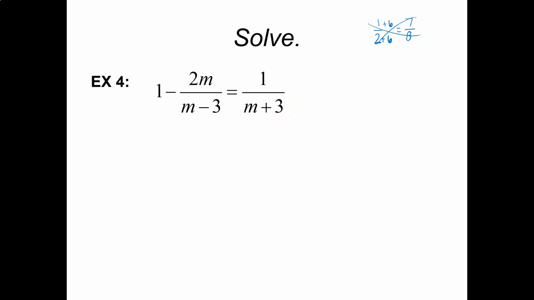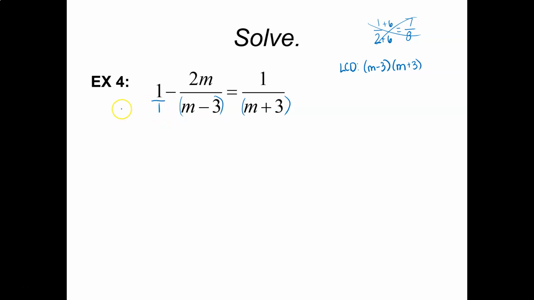Alright, so for our least common denominator, we're just going to have to use basically all the denominators multiplied together. So, m minus 3 times m plus 3. And that will look like this. For this first term, I don't have anything in that denominator. In fact, I had to put a 1 there just so I had a denominator at all.